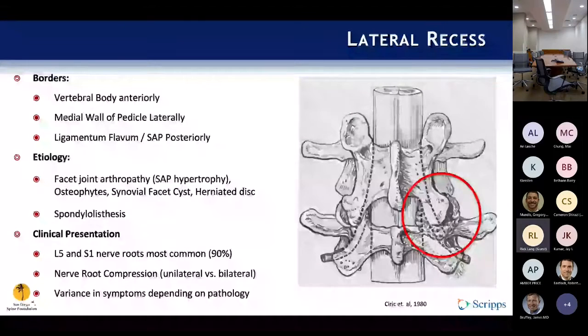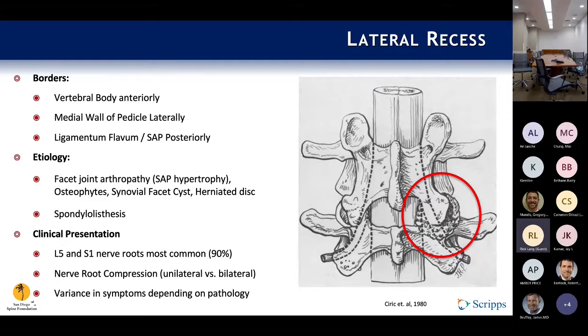The etiology most commonly, shown in the right picture here by Sirikanol in 1980, is facet joint arthropathy with SAP hypertrophy. It can be due to a herniated disc as well, and we'll show some of the difference in symptoms with that. You can also get osteophytes, a synovial facet cyst, and spondylolisthesis as a contributing factor. These clinically present with L5 and S1 nerve root symptoms.